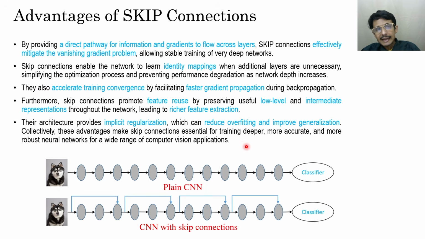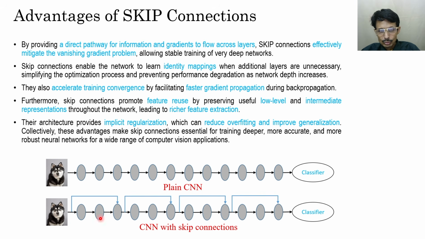Okay. Next, what other advantages do we get from skip connection? Now we can see a complete residual net, or ResNet, looks like this. This is a plain CNN, from image to classifier.